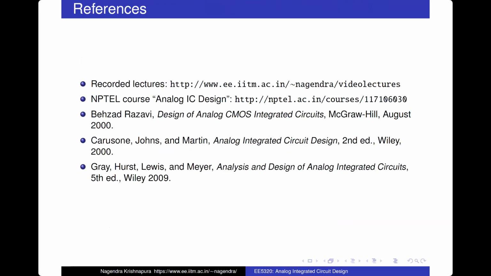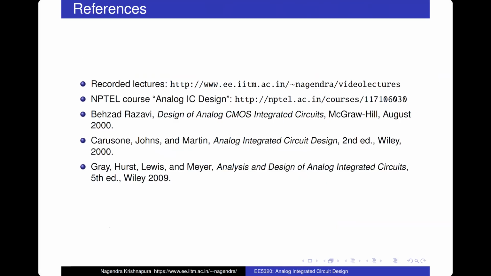Both. There'll be questions with analysis, there'll be questions with design later, of course, as you go along. See, our courses are structured such that based on the model, you can do everything. So you don't need the device physics.